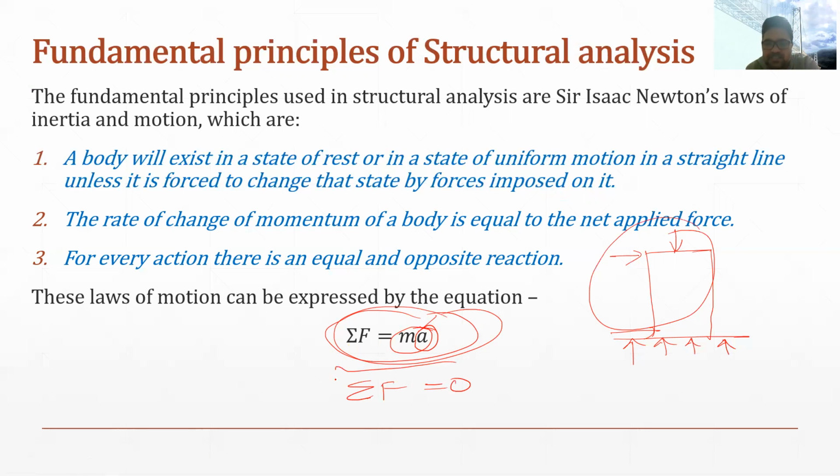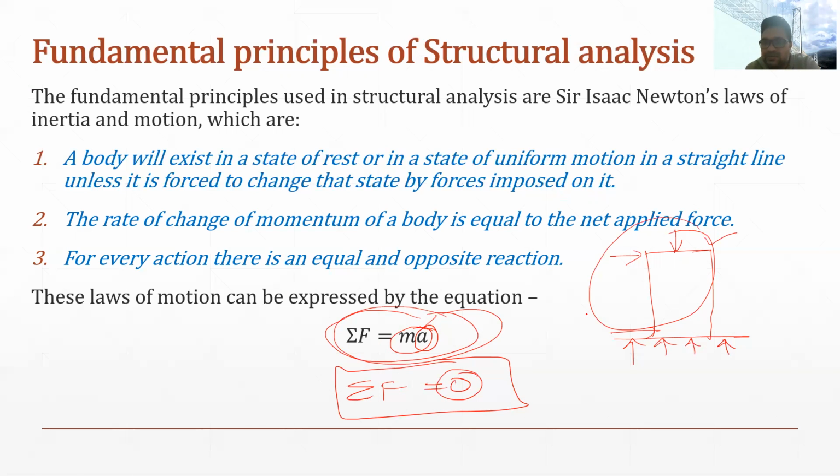Now this is the condition of equilibrium, which means our building structure will be under equilibrium, which means all the forces acting on our building, their summation will be 0. And that is why they are standing like that. If it is not 0, our building will collapse.